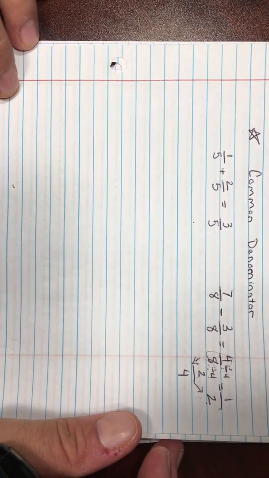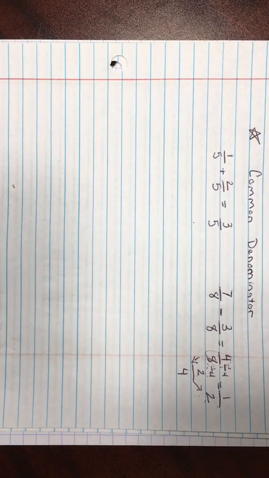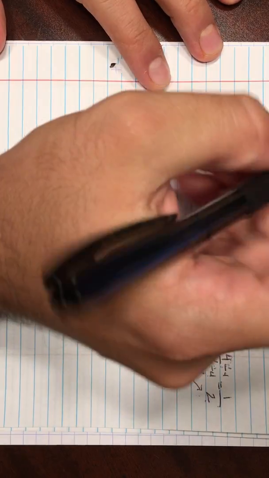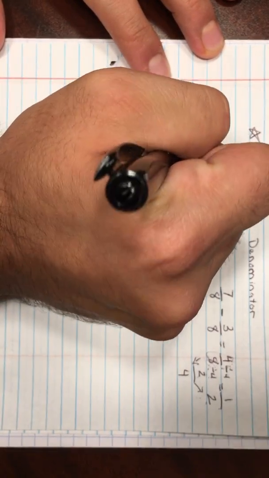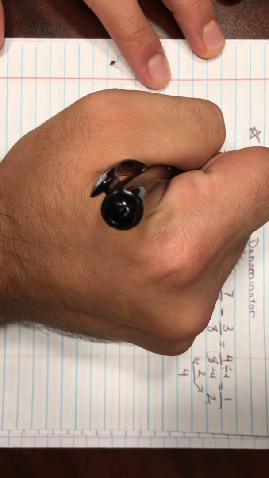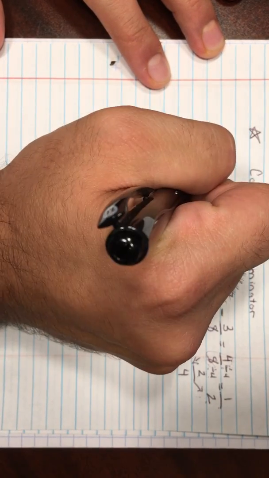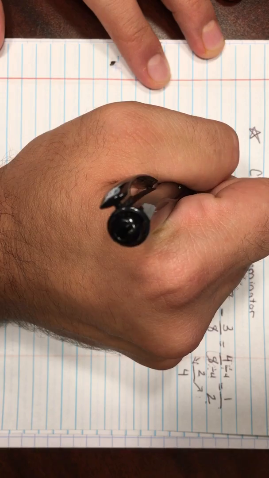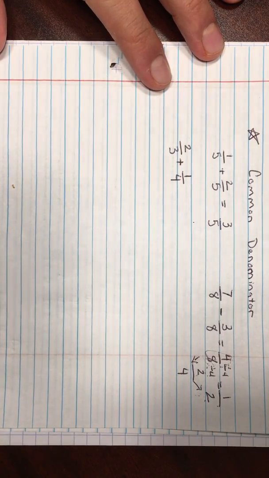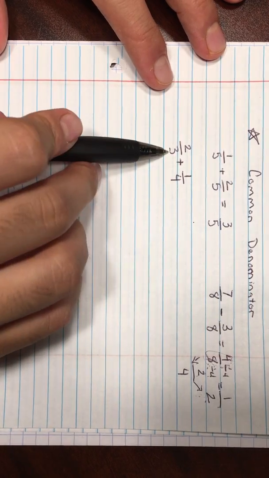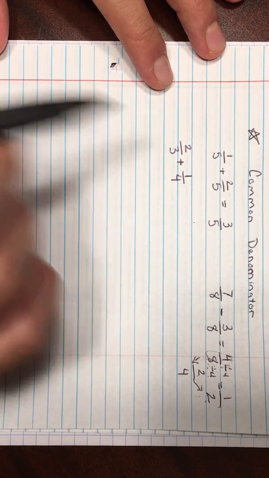Now we're going to deal with ones that don't have common denominators. They'll have different denominators. Let's say, for example, we have 2/3 plus 1/4. Again, 3 and 4 are not the same.